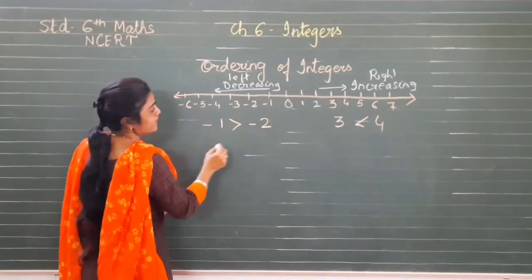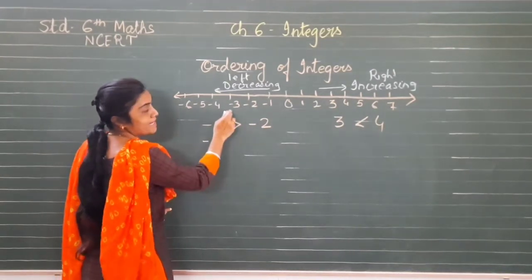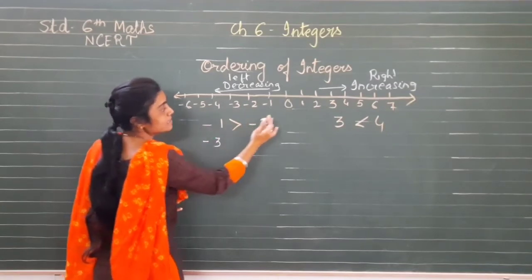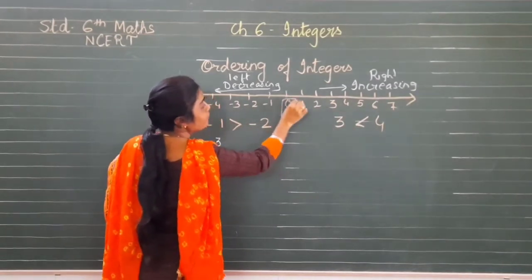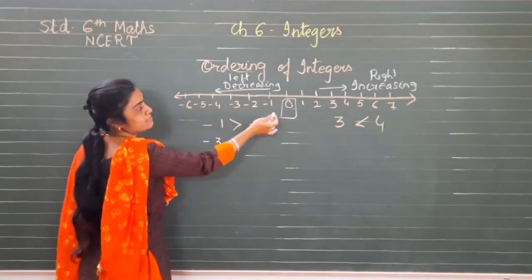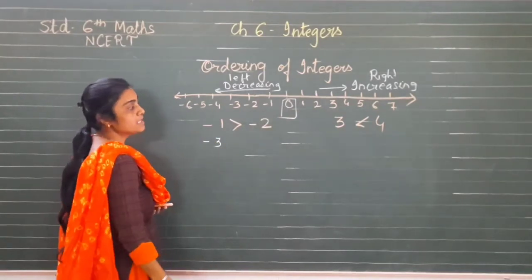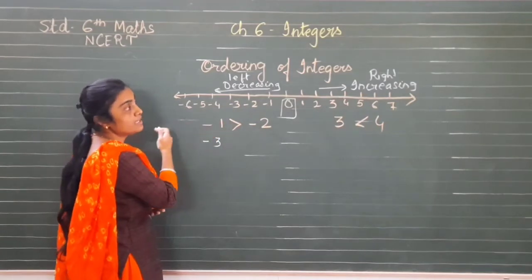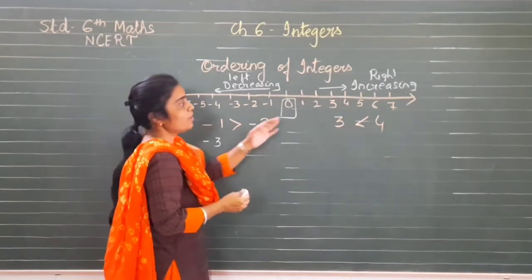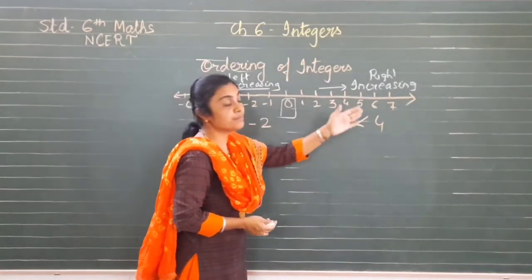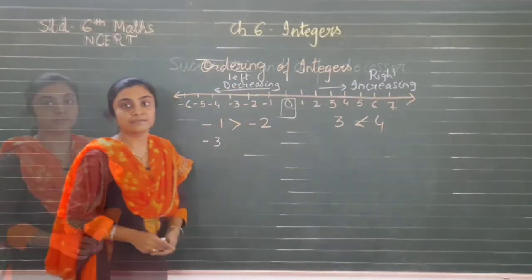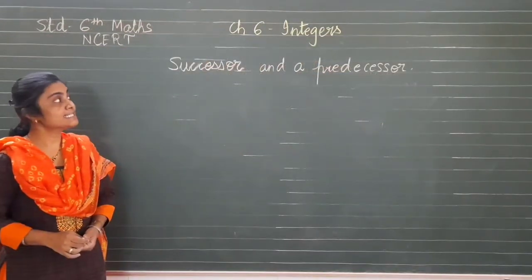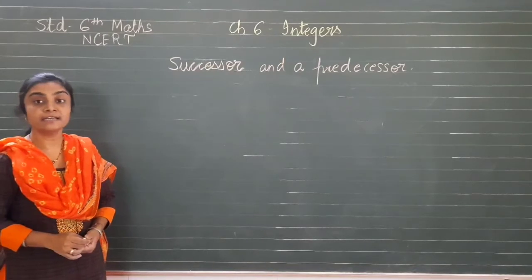So suppose minus 3 is there, minus 3 will be on the left side of 0. Minus 6 will be on the left side of 0. So as you go towards the left side, the numbers go on decreasing, and on the right side of 0, the numbers will start increasing.